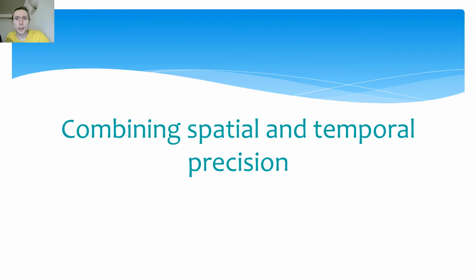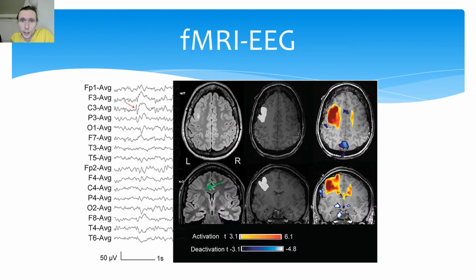So first, look at combining spatial and temporal dimensions to get both a very high spatial resolution and a very high temporal resolution. And the first thing that would pop up in your mind would be fMRI and EEG. So first, let's have a look at the advantages and disadvantages of both methods.